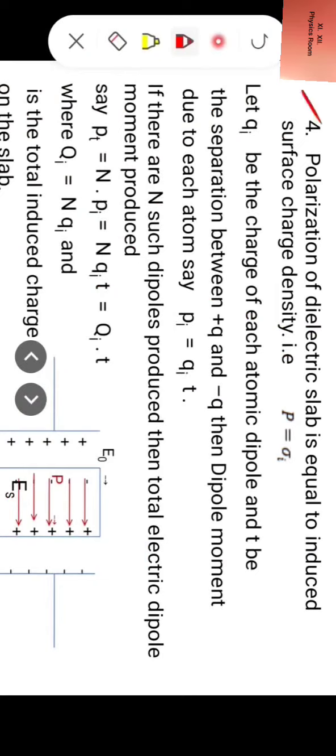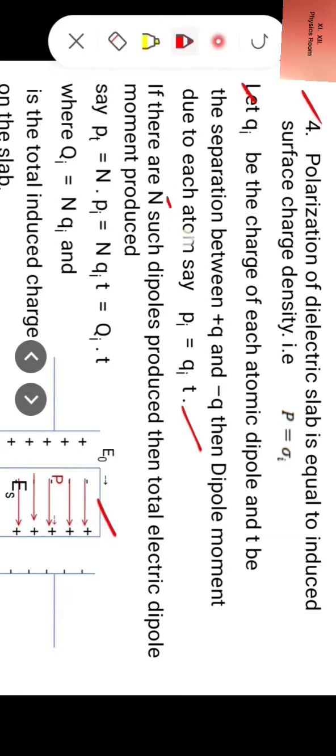Now fourth, the polarization of a dielectric slab is equal to the induced surface charge density, that is P is equal to sigma i, where sigma i is the induced surface charge density and capital P is polarization. Now let us prove how it comes out to be. Let Qi be the charge of each atomic dipole and t be the separation between plus Q and minus Q. Then the dipole moment due to each atom, say pi, is equal to Qi into t.